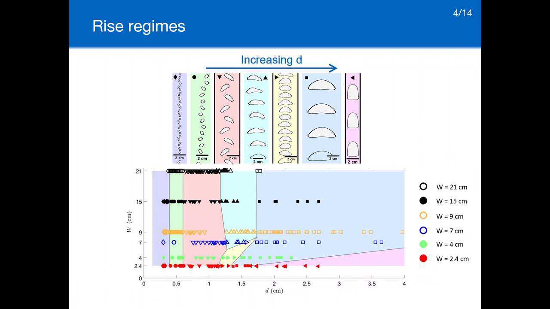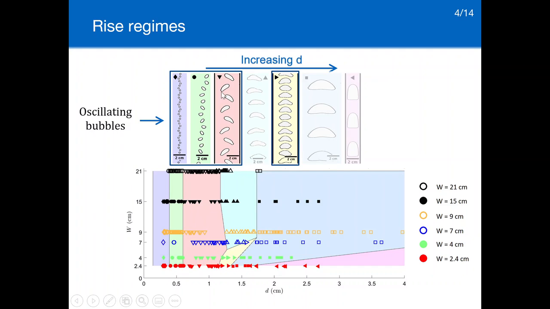In the problem of bubbles rising, either in three dimensions or in a cell, several rise regimes can be observed. In this talk, I will focus on the regimes that have oscillations, and mostly on those regimes that have path and shape oscillations. At the end I will say something about the regime that appears when there is lateral confinement, which has only shape oscillations.